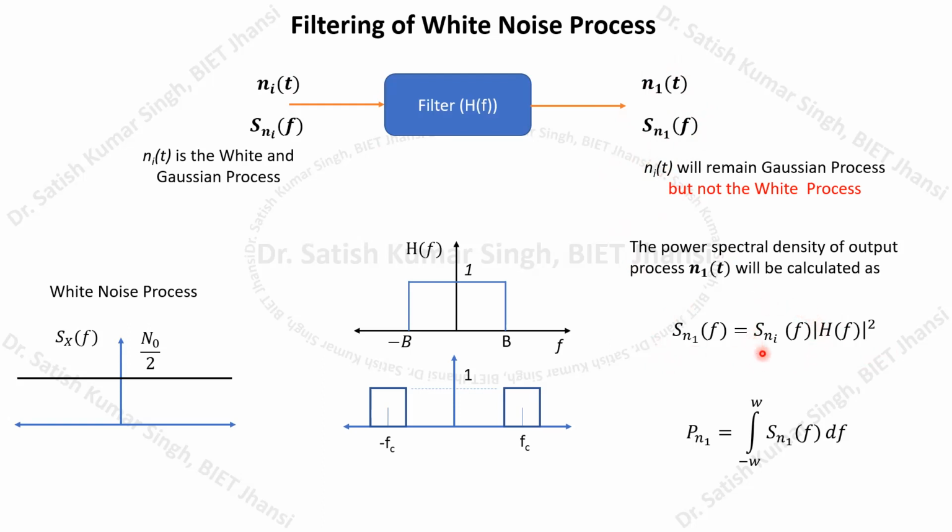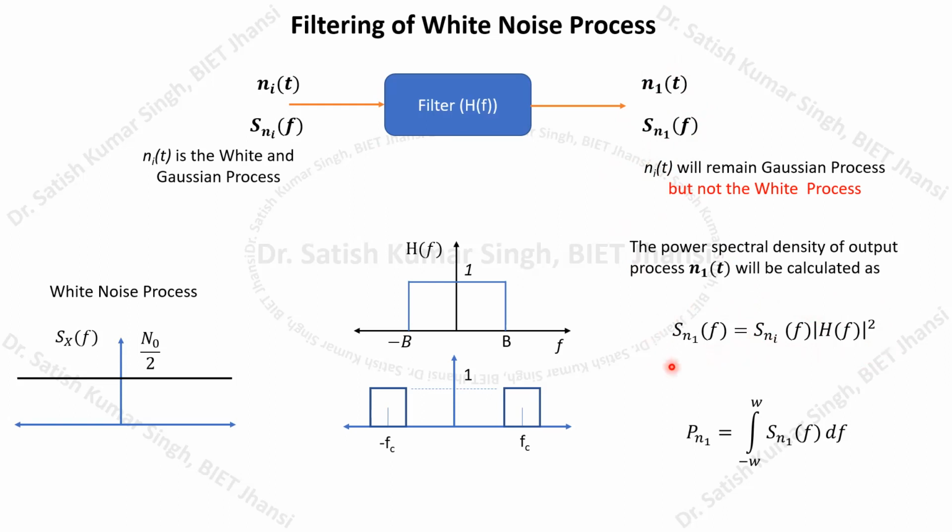So if the PSD S_ni(f) is known, we just follow this relationship to find the output power spectral density function. This is how we calculate the output PSD.